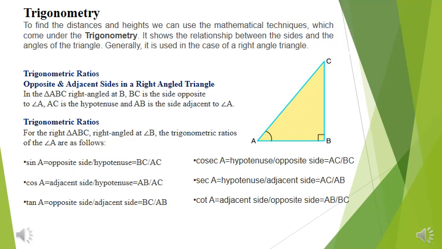The remaining three ratios of trigonometry, that is cosec, sec and cot, are the reciprocals of sin theta, cos theta and tan theta. The reciprocal of sin theta is cosec theta, the reciprocal of cos theta is sec theta, and the reciprocal of tan theta is cot theta.